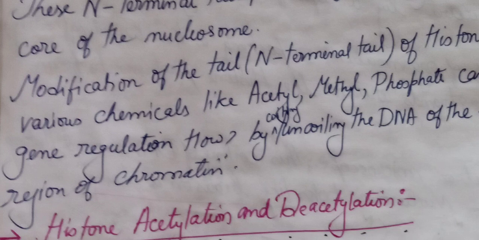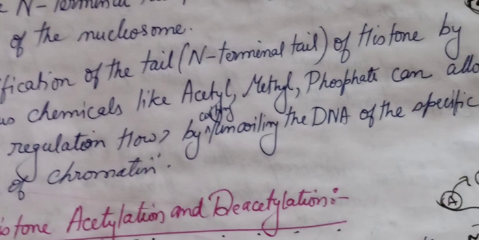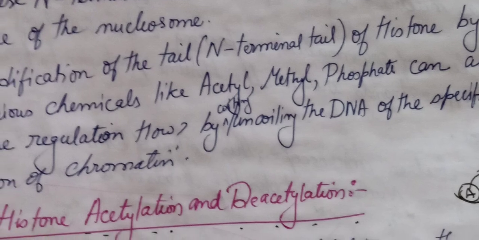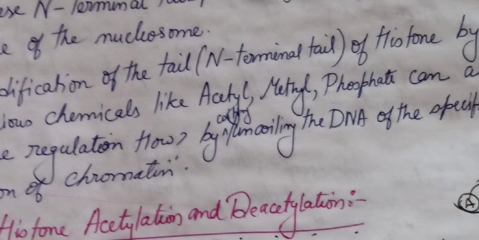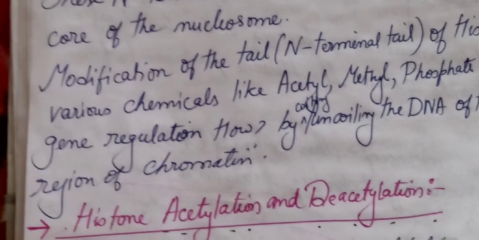By binding that chemical group, this acetyl, methyl, phosphate group to the tail at certain regions, it will change its conformation and allow coiling or uncoiling of the DNA of the specific region of the chromatin.